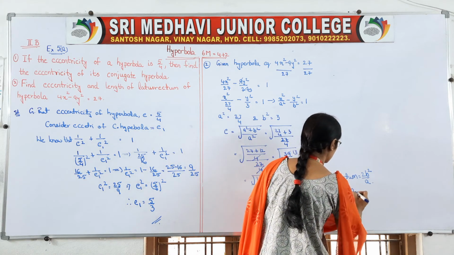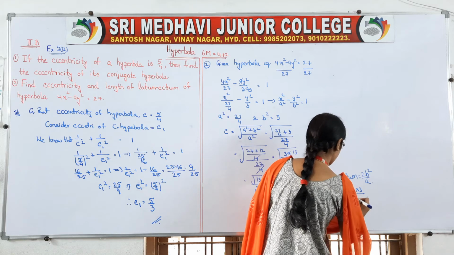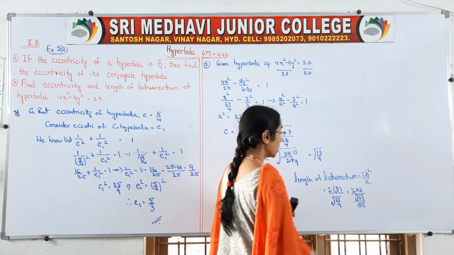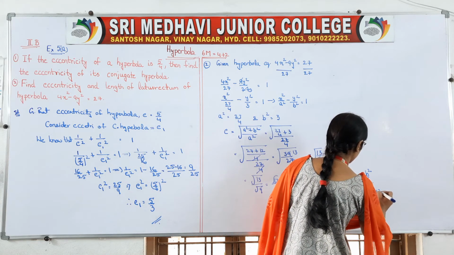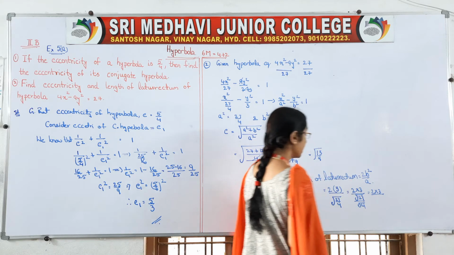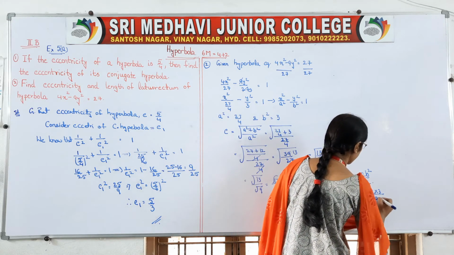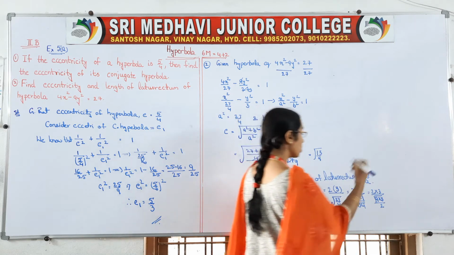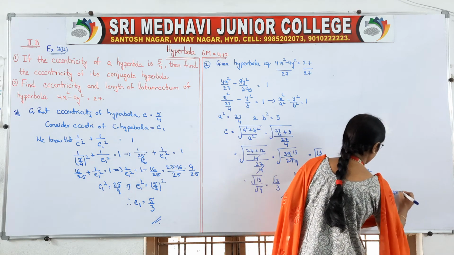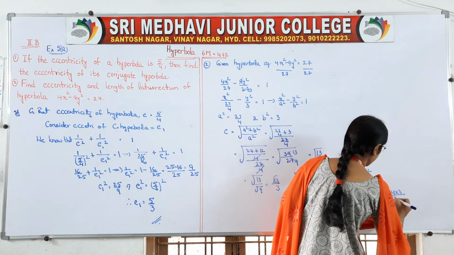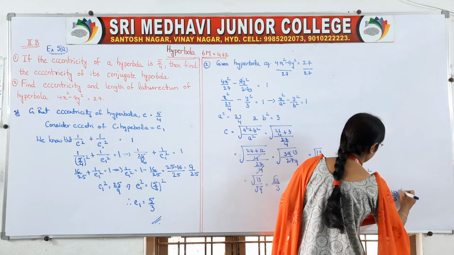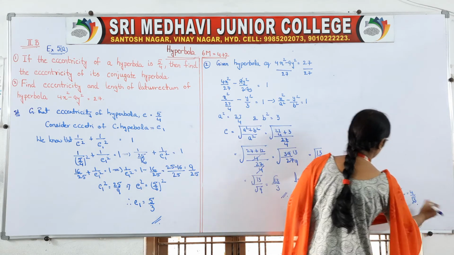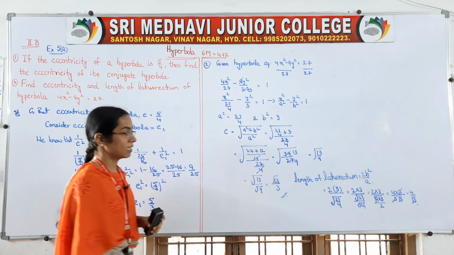So it is 2 into 3 by root 27 by root 4. How can we write root 27? It is 9 threes, so root 27 is 3 root 3, and root 4 is 2. The 2 comes upwards, so it is 4 into 3 by 3 into root 3. The 3s cancel, so 4 by root 3 is the length of latus rectum.